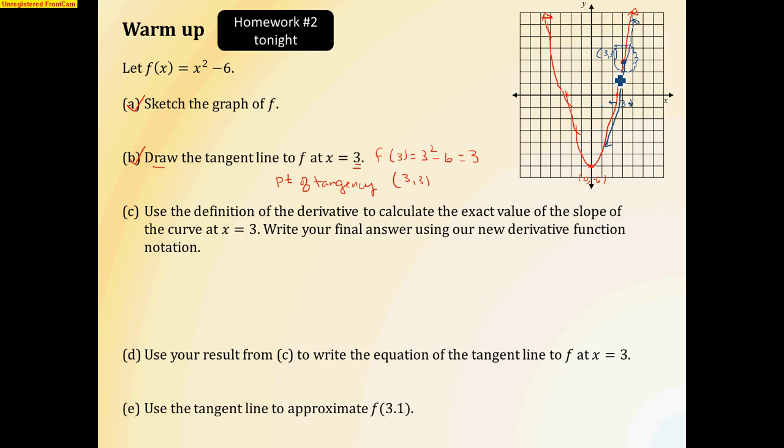Now with a curve of x squared minus 6, I don't need to actually approximate values. We're just learning a concept here. Tangent lines can approximate messy curves, as long as you're close to the point of tangency.